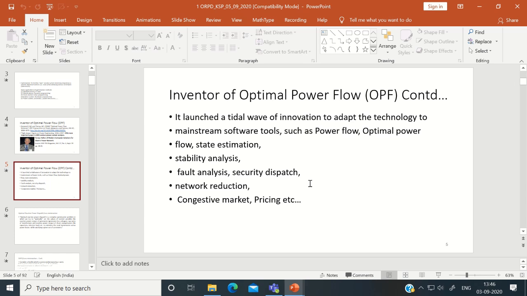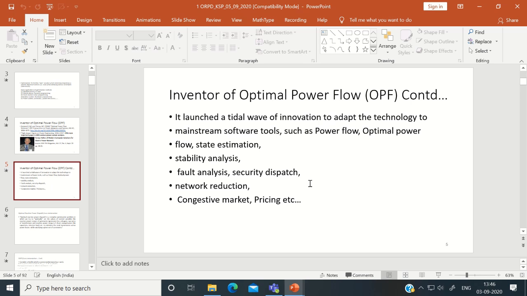Now, as far as the power system is concerned, optimization is used in optimal power flow, in state estimation, in stability analysis, fault analysis, security dispatch, congestion analysis, pricing, etc.